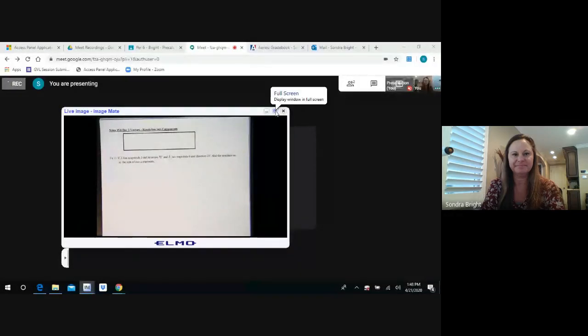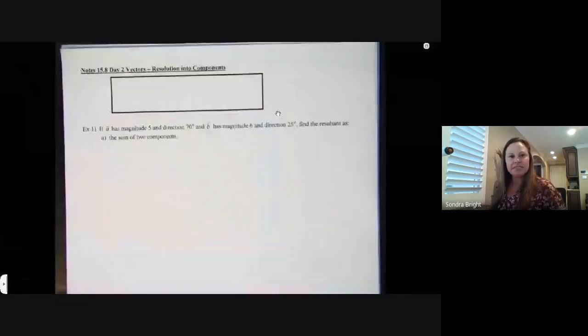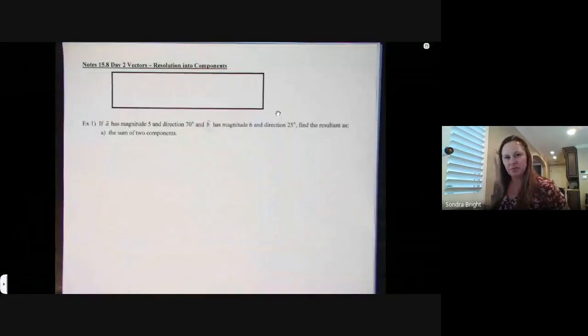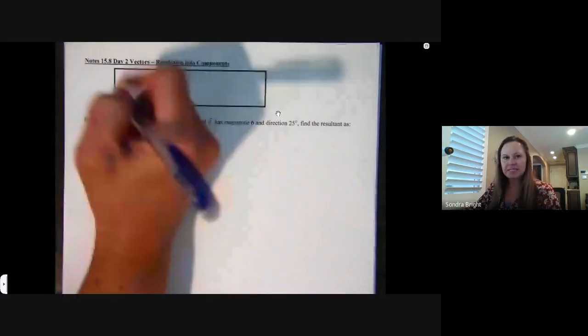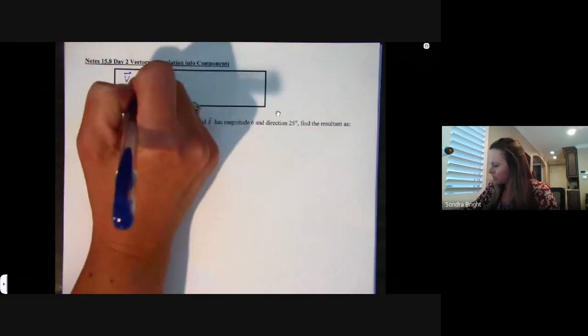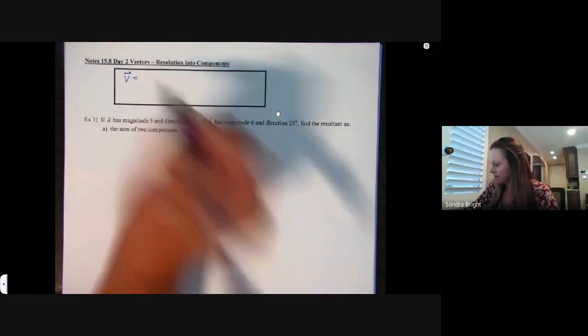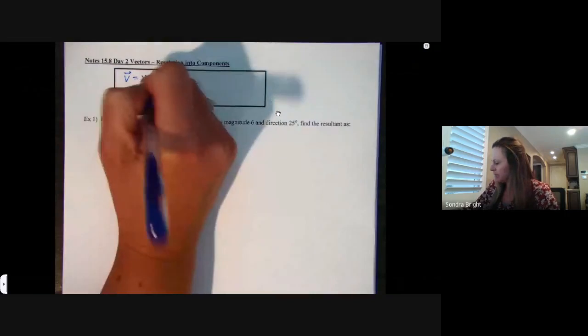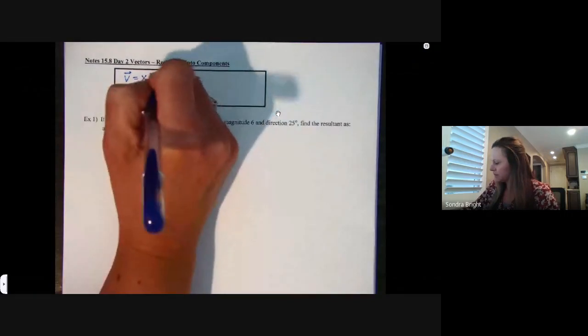All right. Day 2 of vectors, resolution into components. So we learned yesterday that a vector can be represented as the horizontal component x times vector i plus y times vector j.